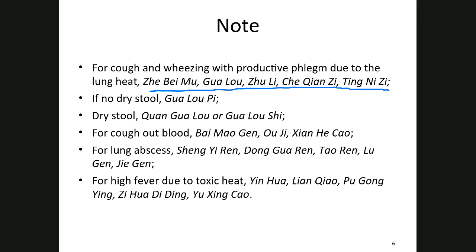If they have dry stool, use the whole 瓜蒌 fruit. If the dry stool is so severe, here it mentions using the whole 瓜蒌 fruit or 瓜蒌实, which is the same thing.